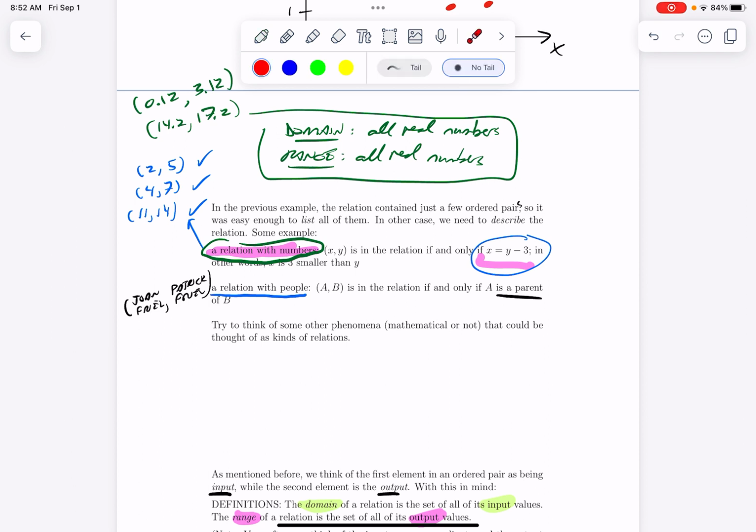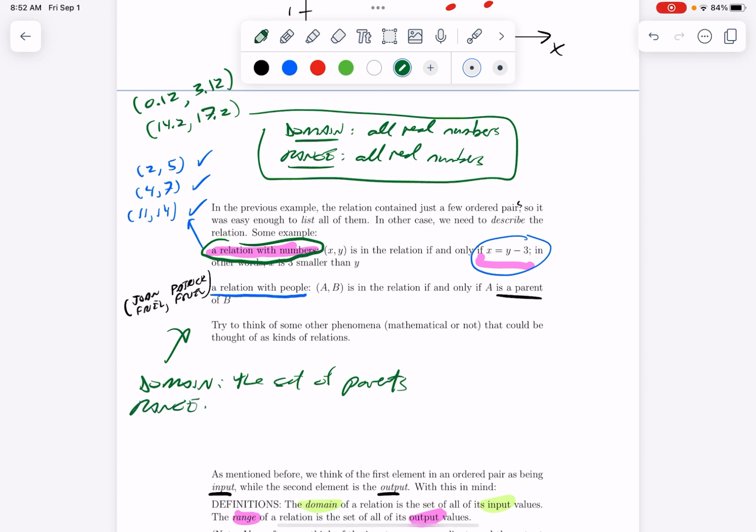For this one, the relation is that A is the parent of B. So this input has to be someone who is a parent. So the domain would be the set of all parents. But the range would be anyone who has a parent, and that would be the set of all people.